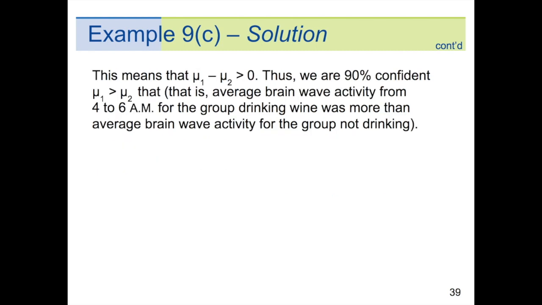This means that it's greater than 0, thus we are 90% confident that mu sub 1 is greater than mu sub 2. That is, average brain activity from 4 to 6 a.m. for the group drinking wine was more than average brainwave activity for the group not drinking.